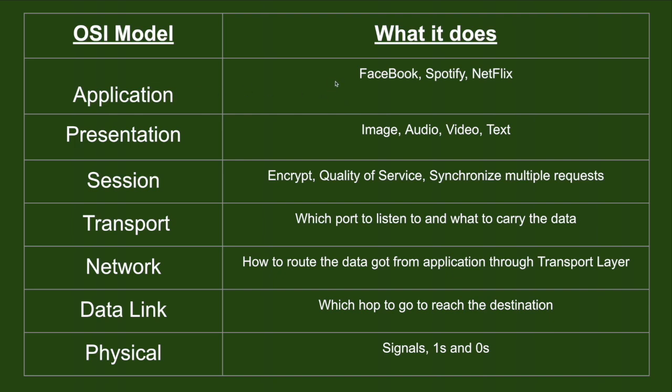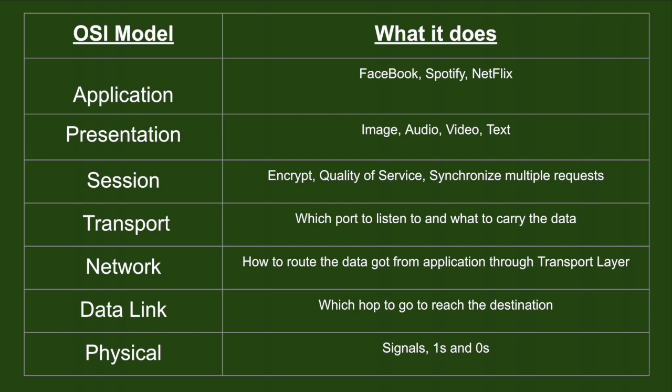The application layer defines how the application should work. For example, HTTPS has a set of protocol standards that tells you how an application should behave. Next comes the presentation layer. In the presentation layer, we talk about how the data needs to be presented.